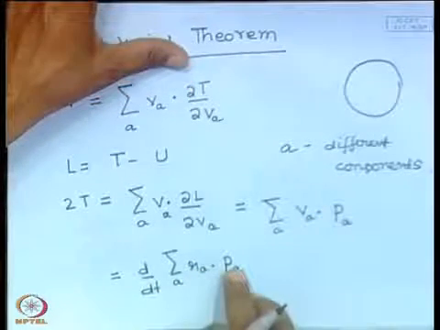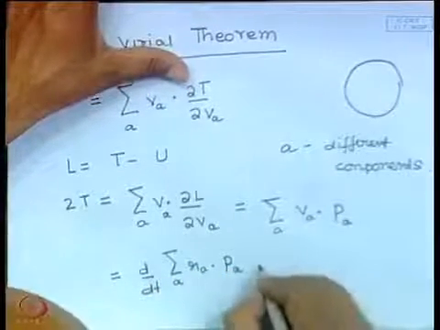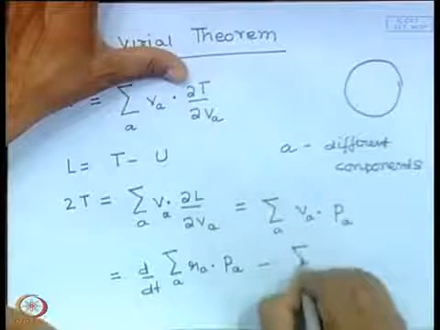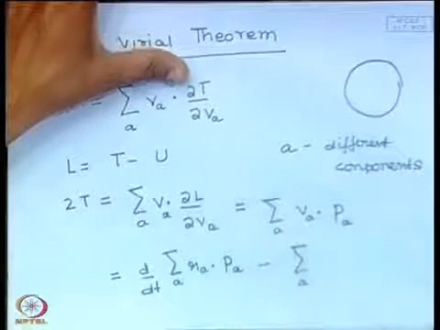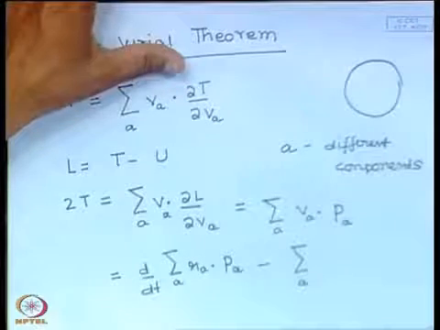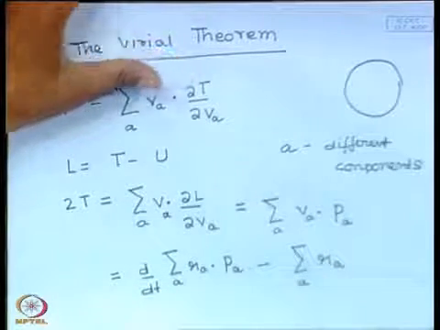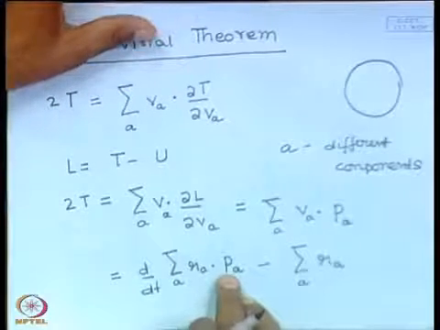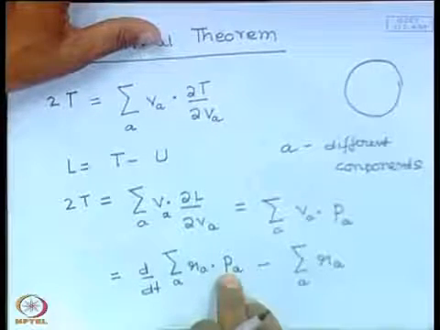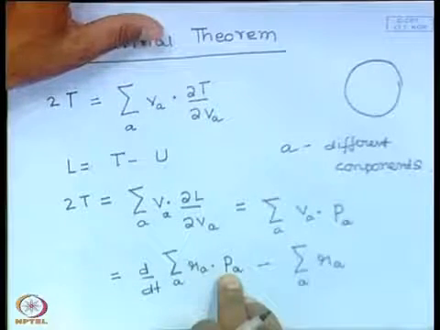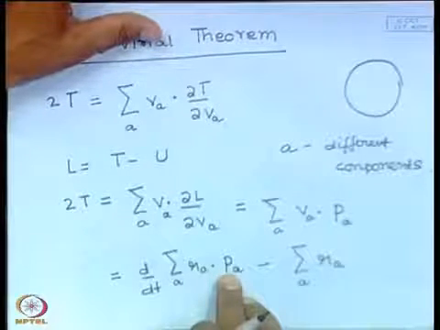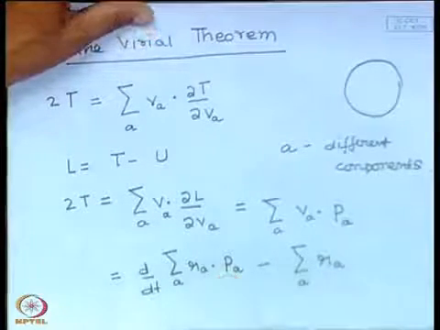If I differentiate p, I will get an extra term which I have to subtract out. So, I have to subtract out a term which is sum over A of r_A dot p dot_A, and the time derivative of the momentum we know is the force, and the force can be written as minus the gradient of a potential.